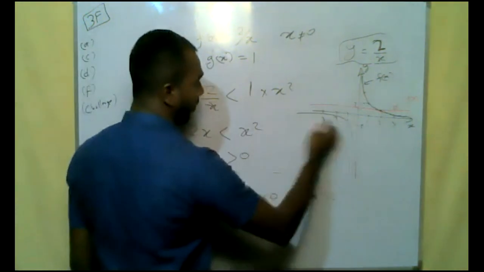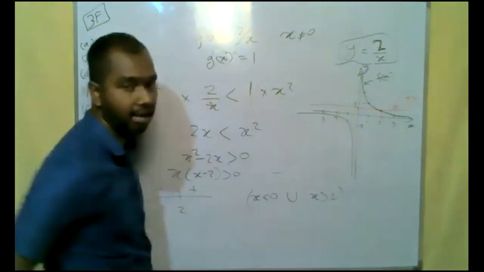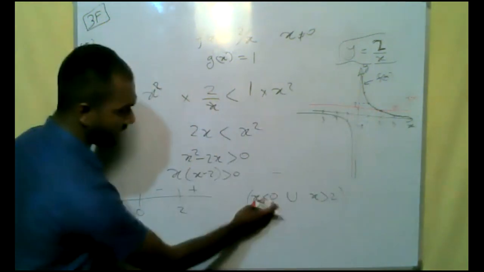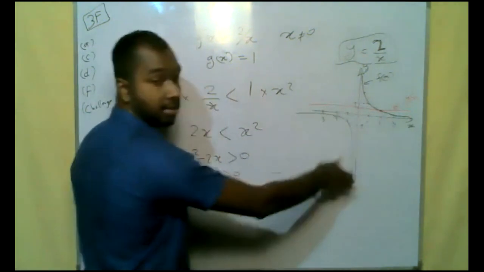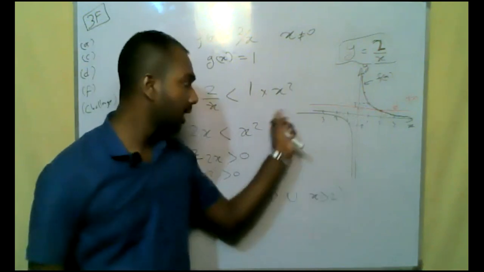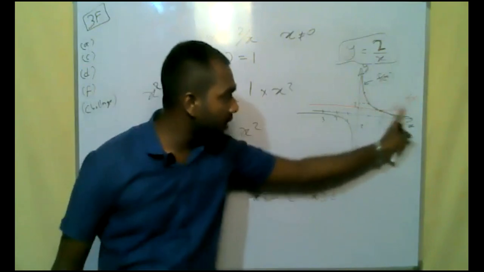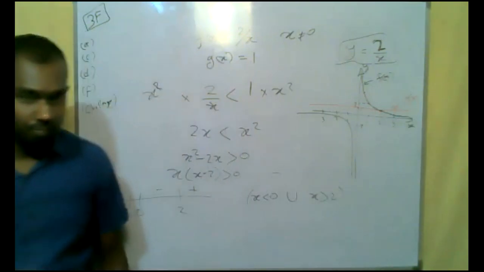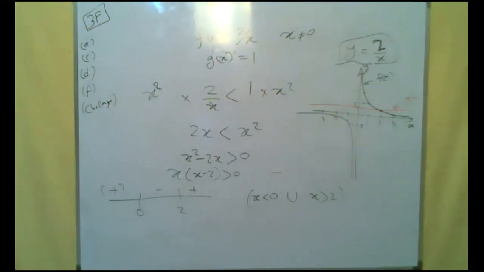Beyond 0, the f(x) curve is always below the red line. When x is below 0, the black curve is below the line. And beyond 2 also, that is happening. Okay.